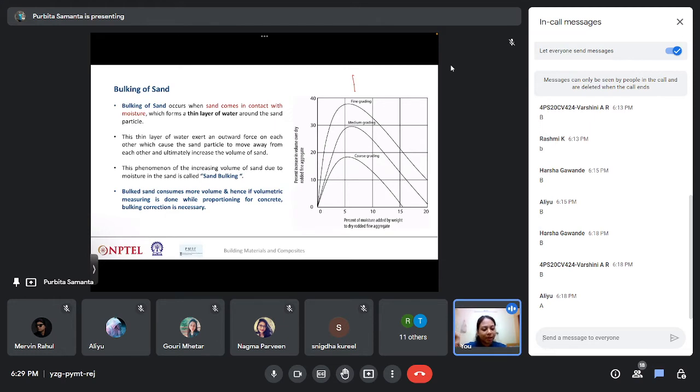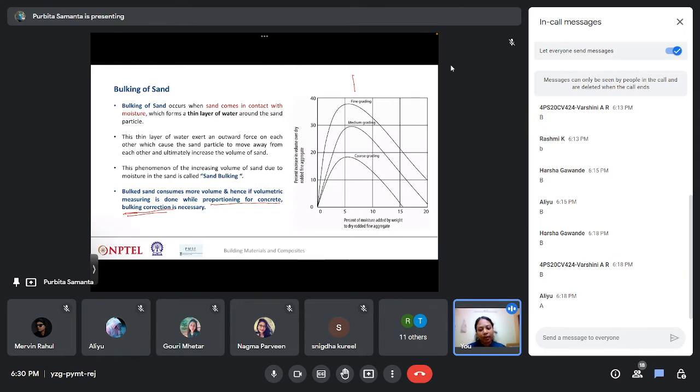Since bulk sand consumes more volume because of the presence of water, if we do volumetric measuring while batching for proportioning of concrete, we will get a wrong measurement. That is why bulking correction is necessary.